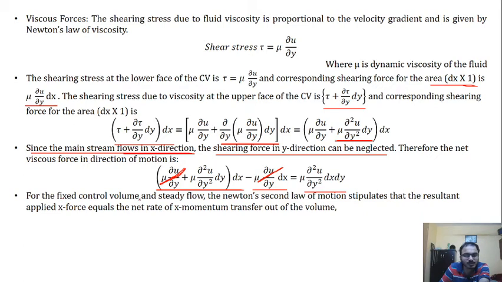For fixed control volume and steady flow, the Newton's second law of motion stipulates that resultant applied x forces equals to the net rate of x momentum transfer out of the control volume. So the meaning is this, that sigma Fx is equal to x momentum efflux minus x momentum influx.